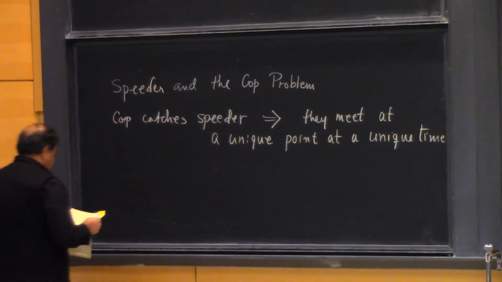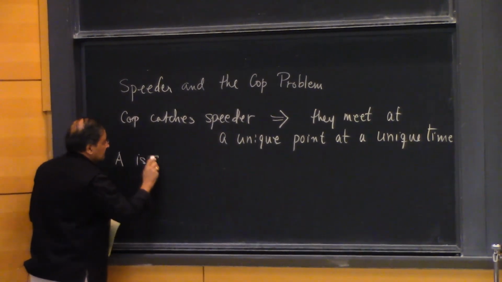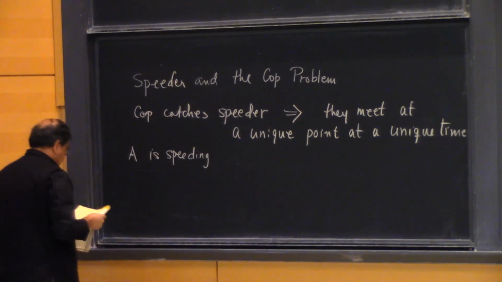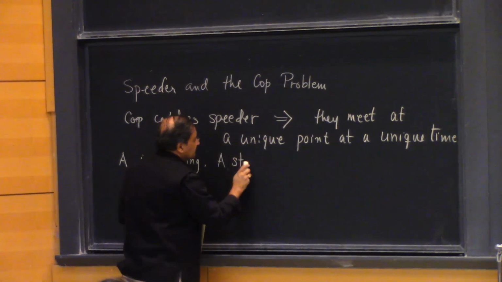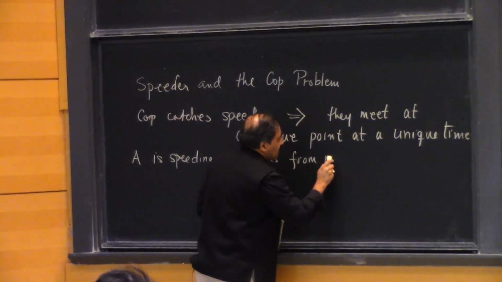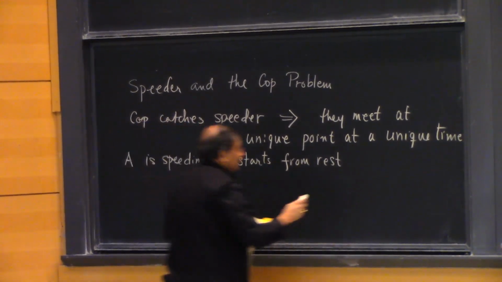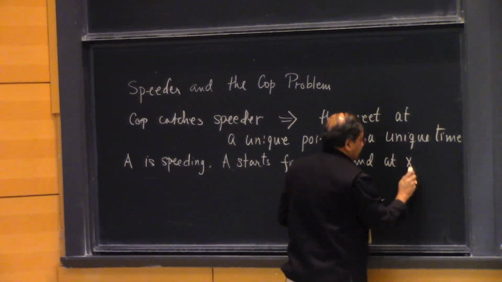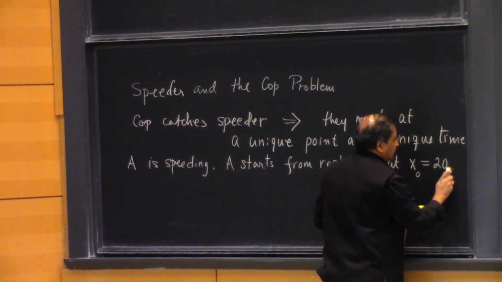So in this case, let us say that A is speeding. Let us say A starts from rest, at some initial point x0, which is, let's say, at 20 meters from some origin.